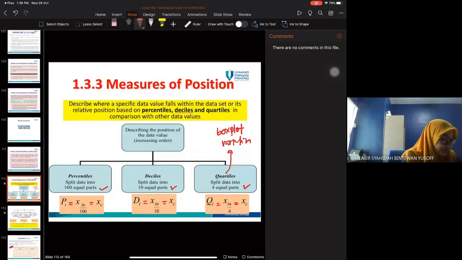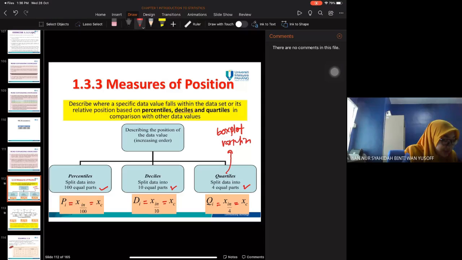Okay, small n here is the number of data. Divided by 100 for the percentile because we split into 100 equal parts, and for the decile we split into 10 equal parts. That's why we divide by 10, and for the quartile divide by 4.